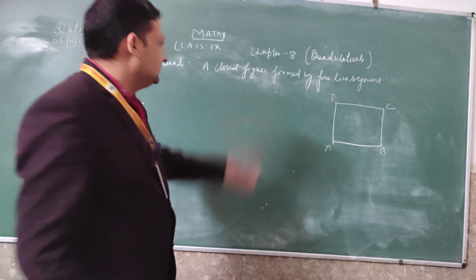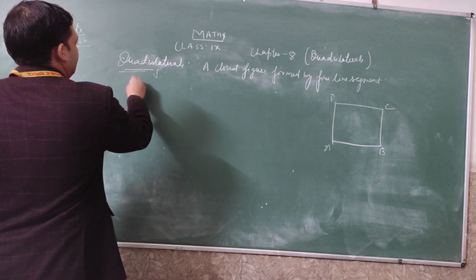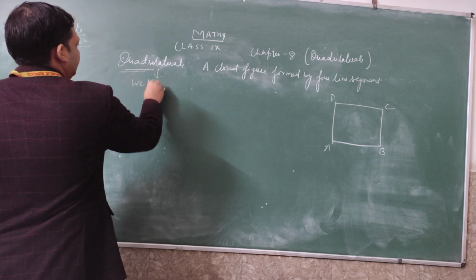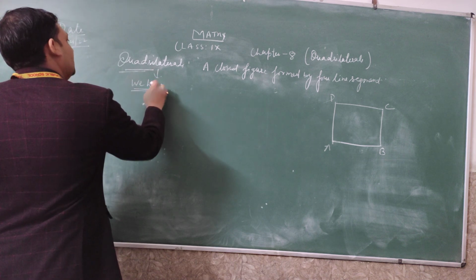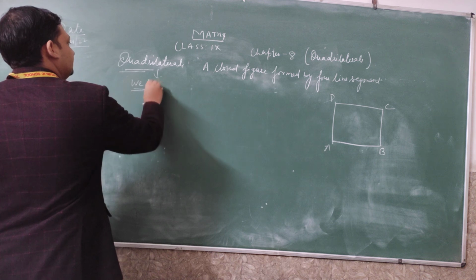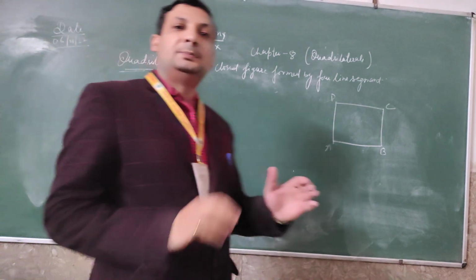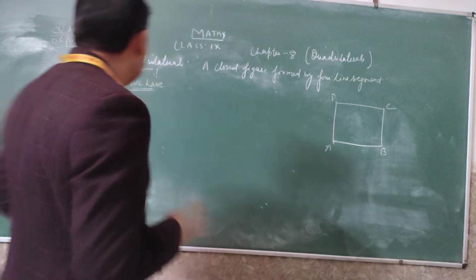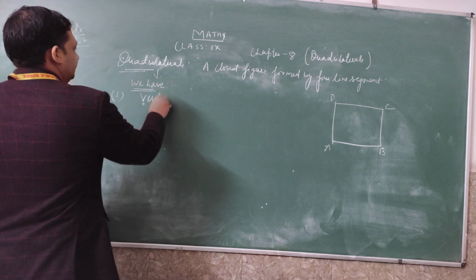Now we will discuss what it consists of, which parts a quadrilateral has. First we will discuss the vertex.